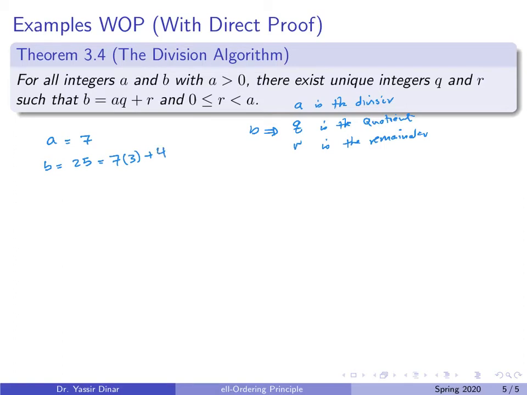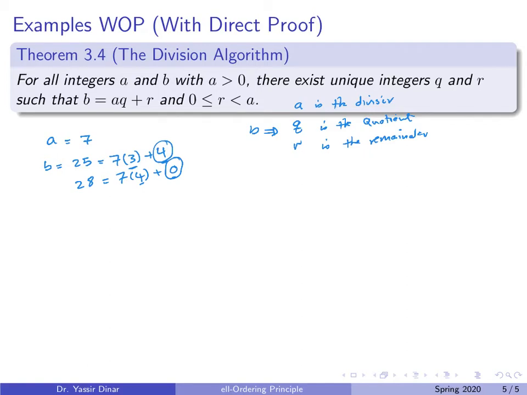The theorem tells me that this 3 and this 4 are unique. If I take another one, for example 28, it will be 7 multiplied by 4 plus 0. These 4 and 0 are unique because the remainder has to be less than 7 and greater than or equal to 0.